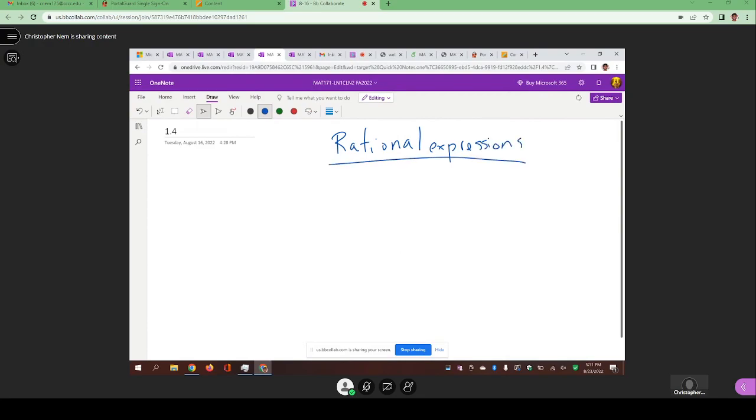Now, though it talks about rational expressions, there are some concepts in there that are not rational expressions. So we need to discuss what is a rational expression.